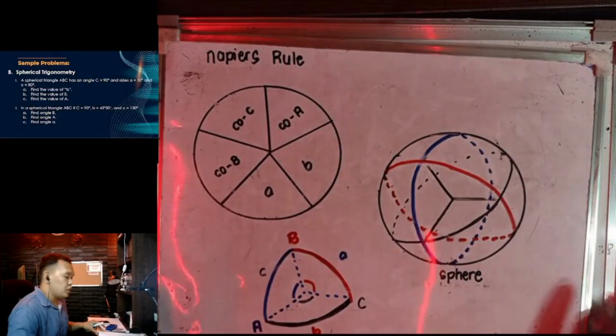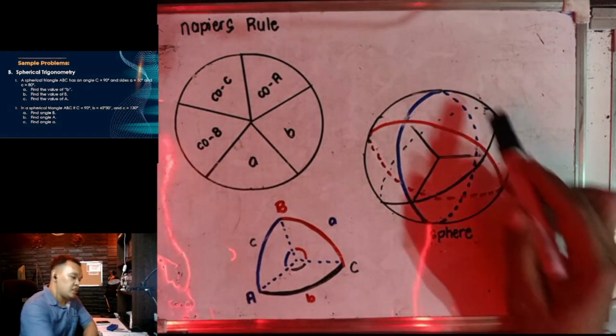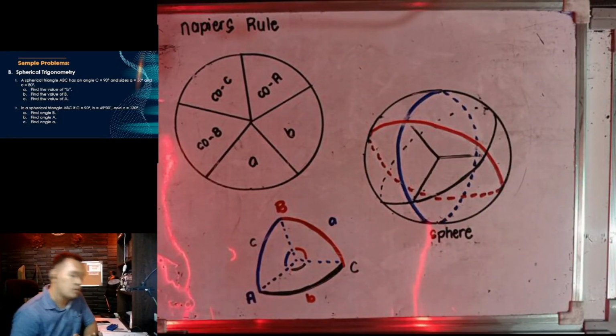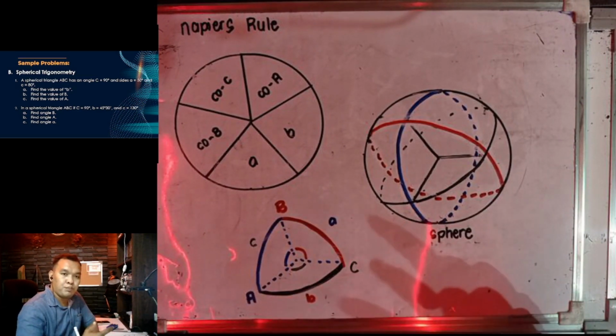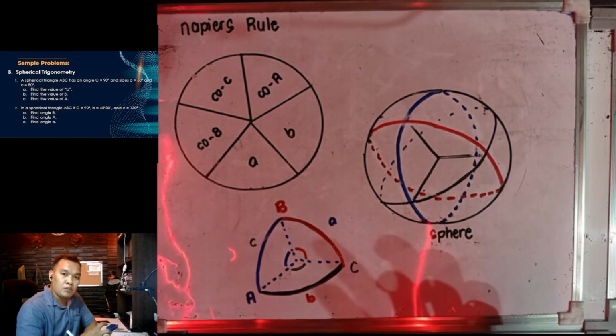Okay. So, let's assume na meron tayong sphere na kung saan ay sabihin natin pakwan. Buong pakwan or yung bola natin, no? Na solid bola. Na kung saan kapag kumuha tayo ng portion dun sa ating bola, makakabuo tayo ng triangle.